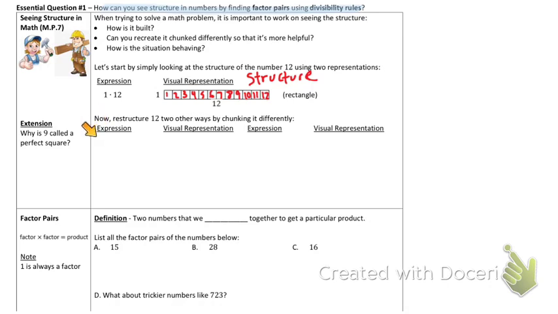So I'm going to pause the video. I want you to write your expression here, give me a visual representation, give me a new expression, again equal to 12, and draw your visual representation here. So go ahead and pause the video and do that.